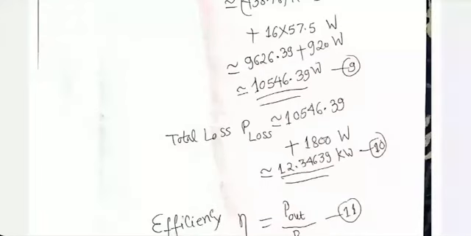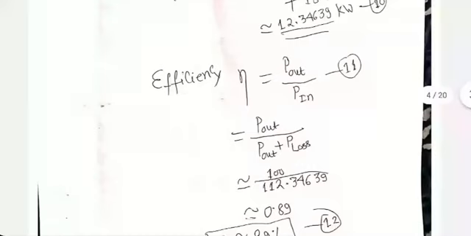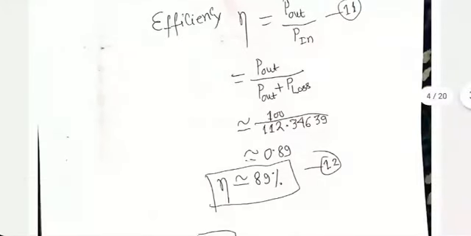So eta is very easy to figure out. P out is 100 kilowatt, P in is 100 kilowatt plus 12.34639 kilowatt. Take the ratio. It's almost 89% efficiency that we're getting. This is at full load.